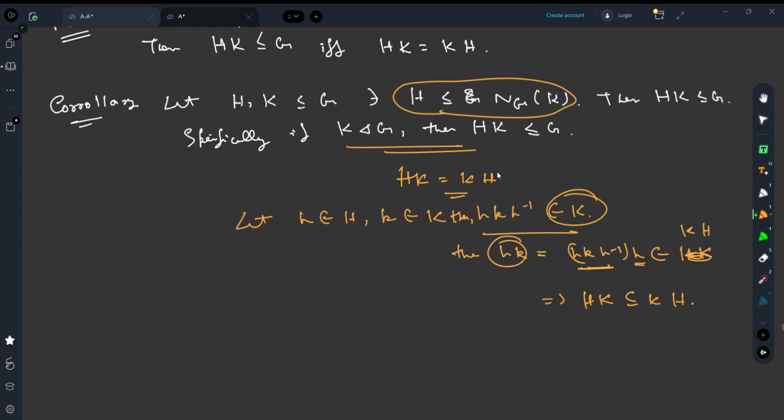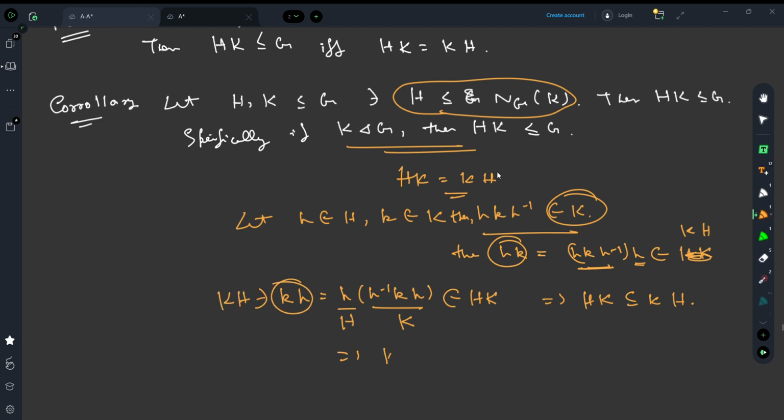Similarly, how can we write kh? So kh can be written as h times (h inverse kh), right? This is an element of capital K. This is an element of H. Therefore, this is an element of HK. This was an arbitrary element of KH.